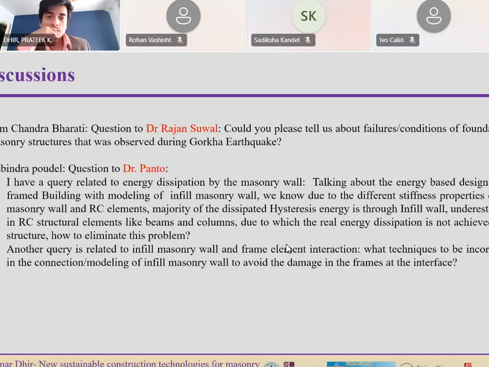Unfortunately, we didn't provide any information on this in this workshop. However, some techniques, including a particular version of the discrete macro element model, have been adapted for simulating mixed structures.